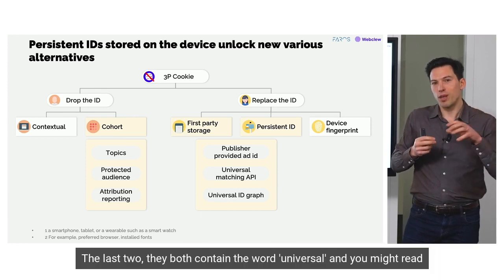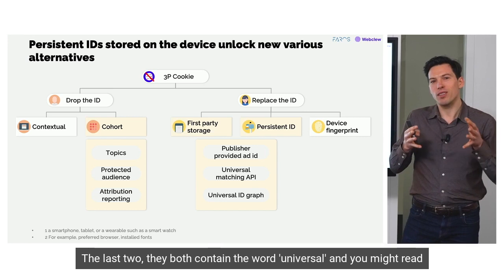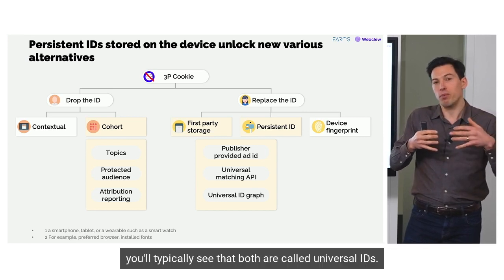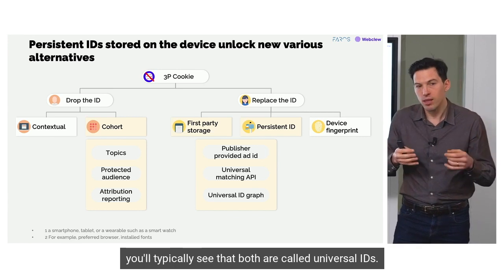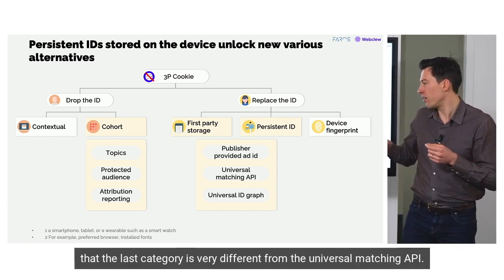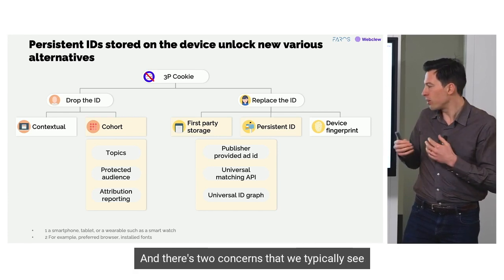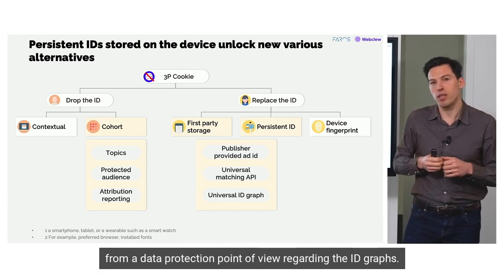The last two both contain the word universal, and if you read up on it, you'll typically see that both are called universal IDs. But I really want to highlight that the last category is very different from the Universal Matching API, and there are two concerns that we typically see from a data protection point of view regarding the ID graphs.